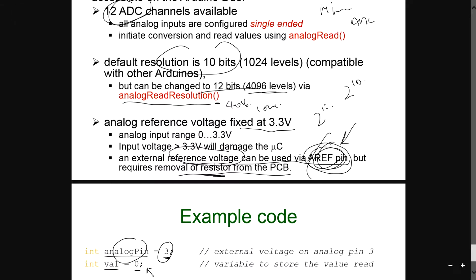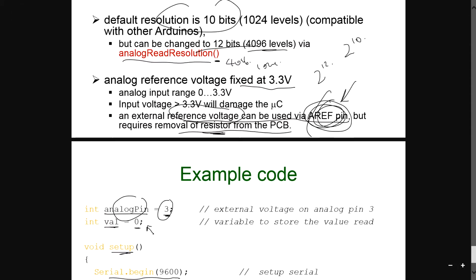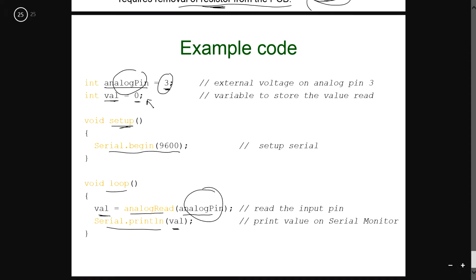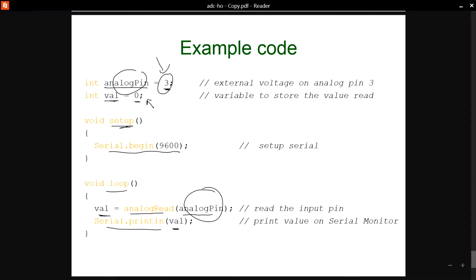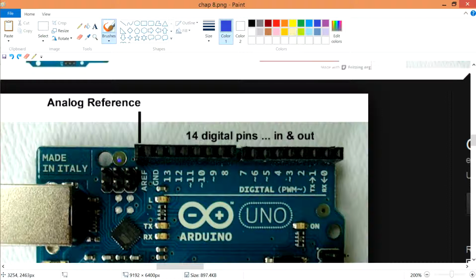Or the AREF pin, I think, is the 3 volt. I mean the pin 3. Let's see where it goes. In your Arduino, the AREF is not pin 3. Okay, your AREF is actually by itself, AREF. So you connect a reference signal into here, with certain resistors if you need.